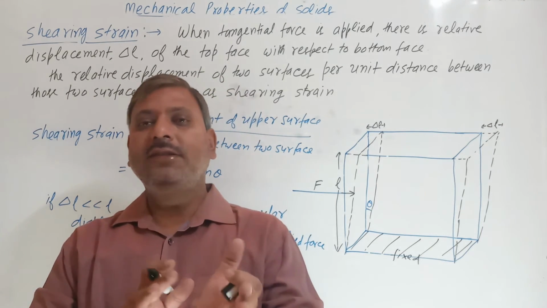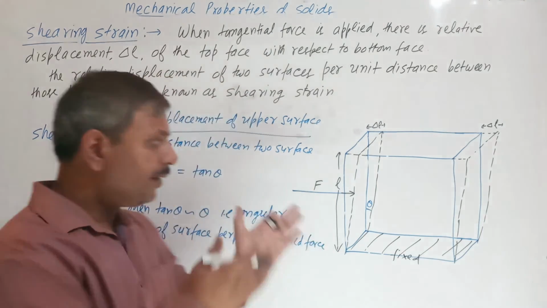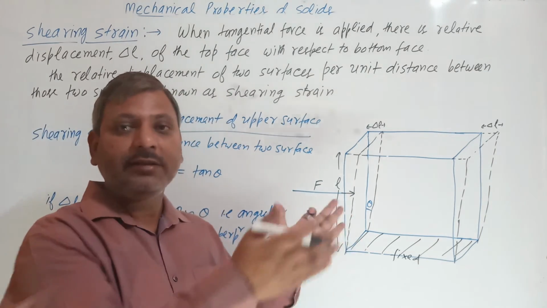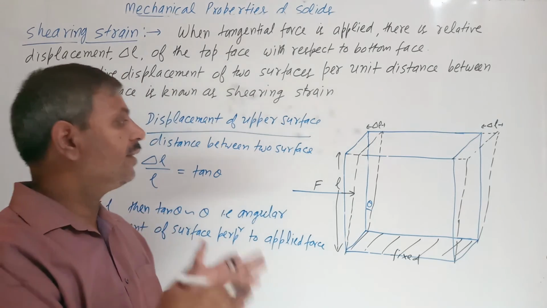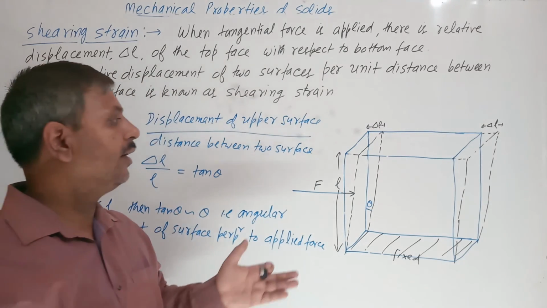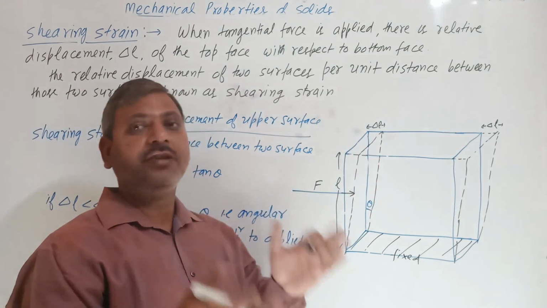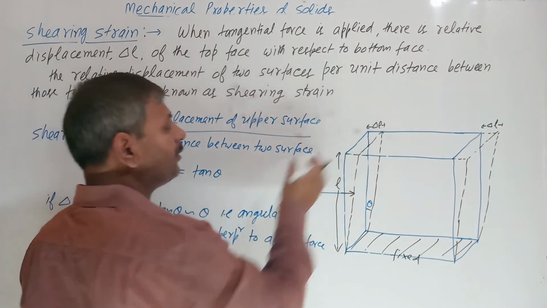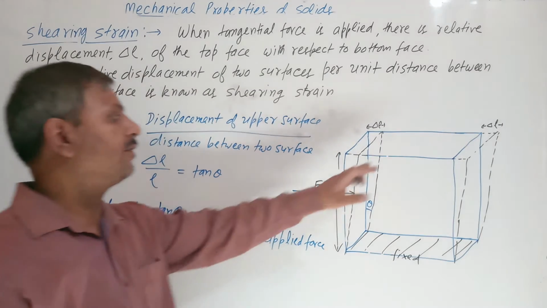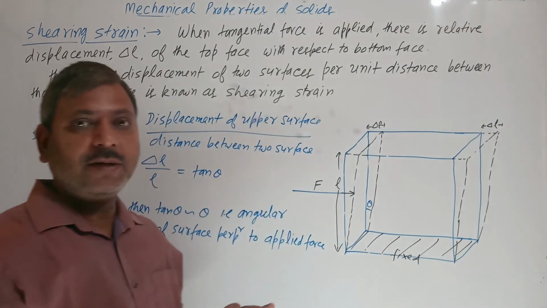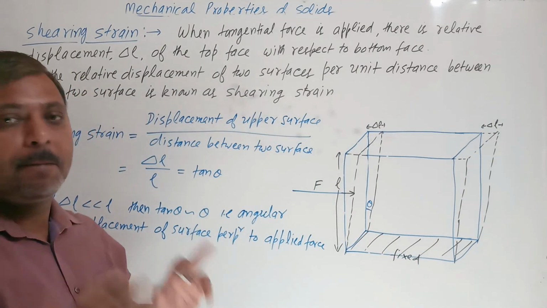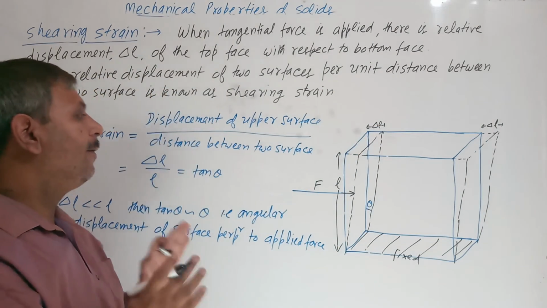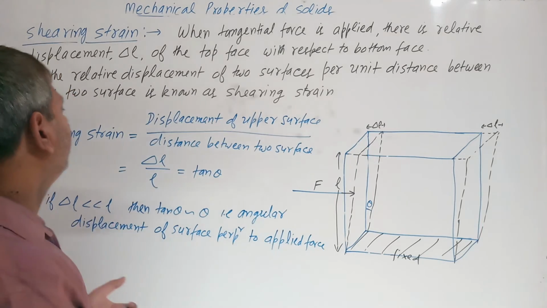When there is a change in shape, the strain developed inside the body is called shearing strain. It is defined as the relative displacement of the upper surface with respect to the fixed surface per unit distance between the two surfaces.